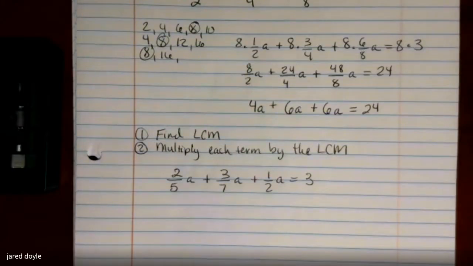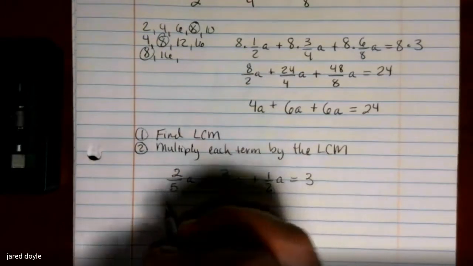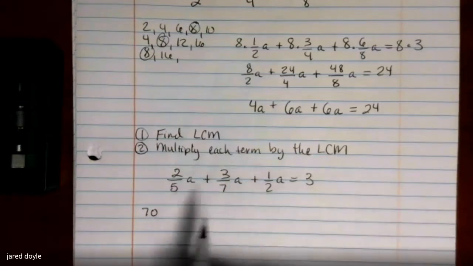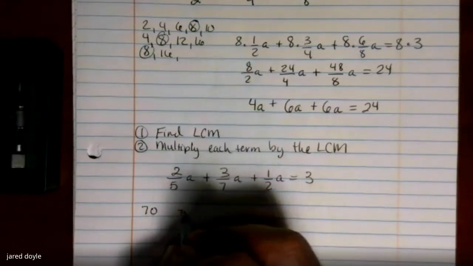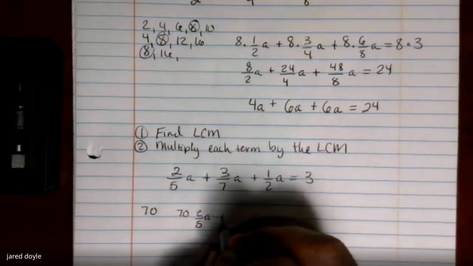So here we've got 5, 7, and 2 for our denominators. And luckily enough, this is easy enough to do. Right, you're going to multiply all of those together to get your LCM. So your LCM will be 70, right? 5 times 7 times 2 is 70. That's your LCM. So if I multiply each of those by the LCM, I will no longer have any fractions.